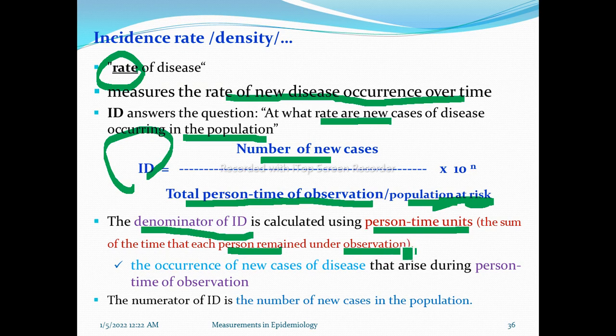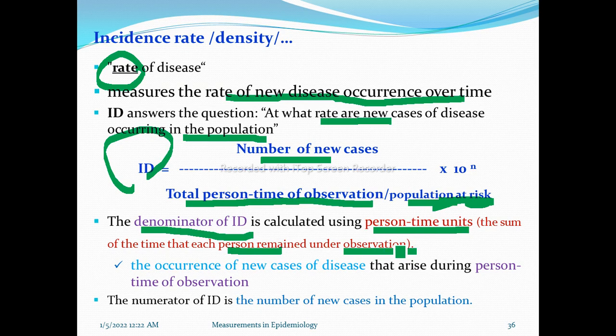Each disease-free follow-up time will be summed up as a total. For instance, individual 1 is followed for 30 days, individual 2 for 28 days, and individual 3 for 23 days.